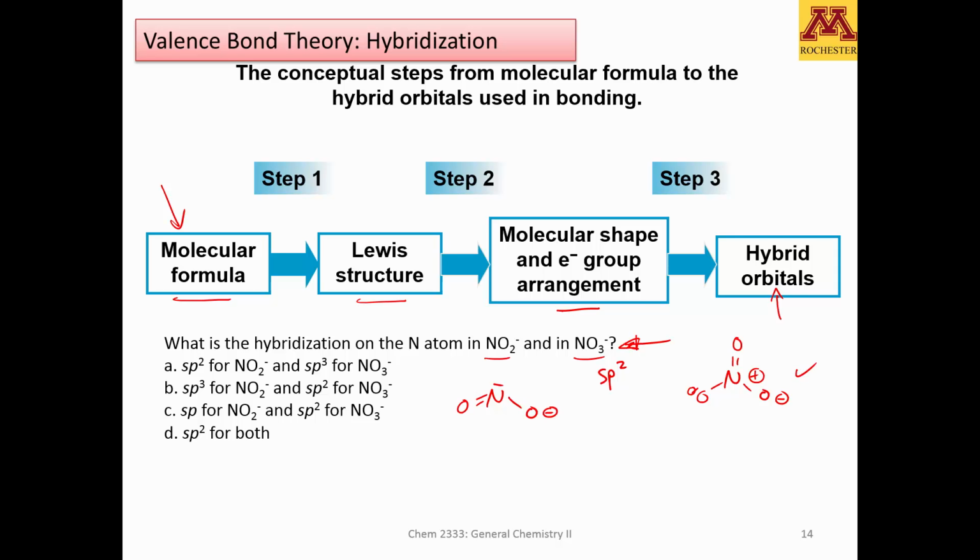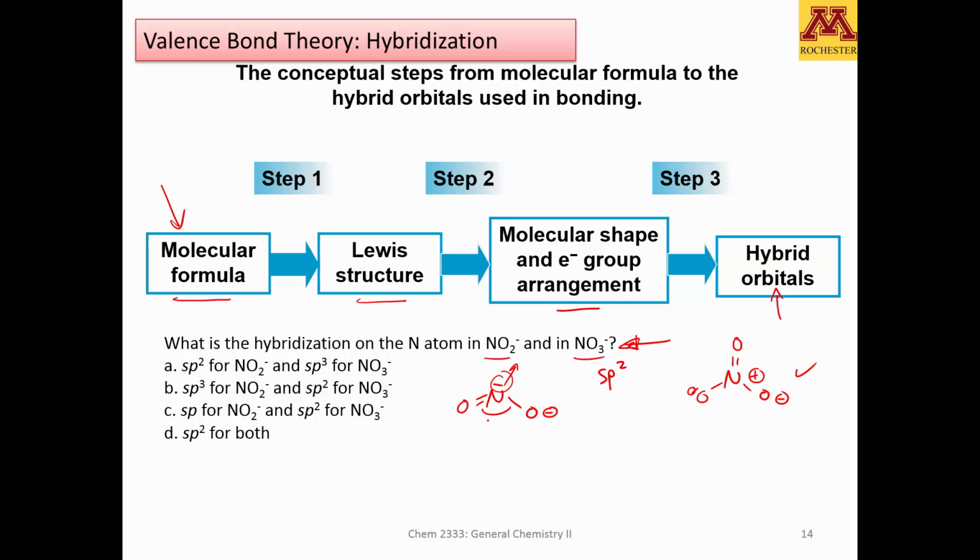Now nitrite. Of course this one would have resonance structures, so would this one, but in this case it has a lone pair, it does not form surrounding atoms, this is angled. This means that also 3 atomic orbitals need to be involved, because this lone pair needs to point in an opposite direction.